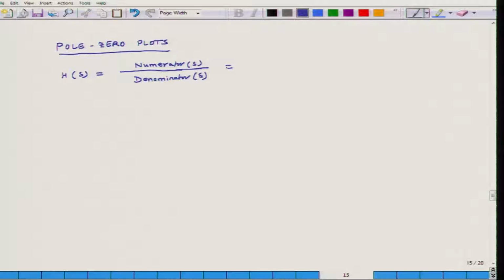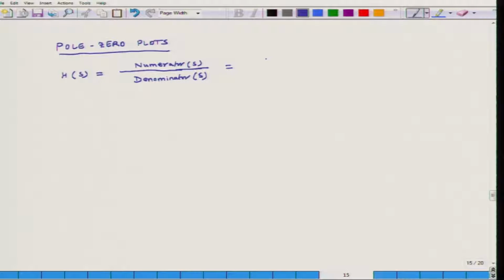So, what that means is that I can factorize the numerator into its linear factors, and I can also factorize the denominator into its linear factors. So, let us say the roots of the numerator, we call them z.